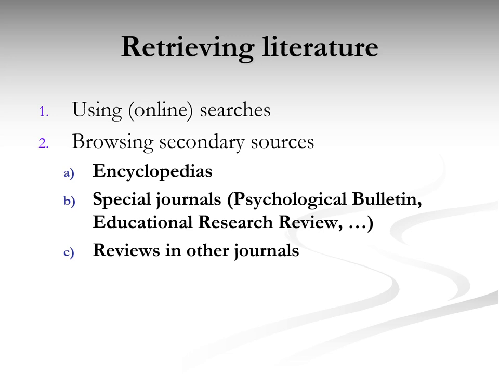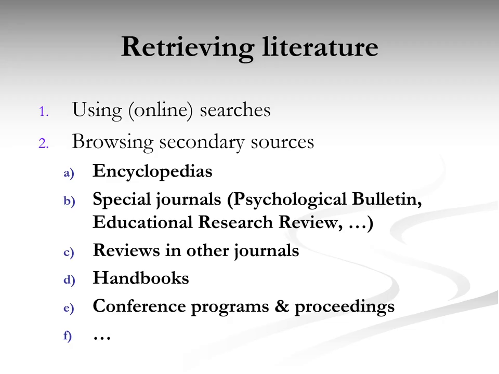Also in other journals, of course, often reviews are published. You can also look at handbooks, at conference programs and proceedings, and so on. So secondary sources are sources that are not reporting directly on individual studies, but they are referring to studies that can be looked for afterwards.